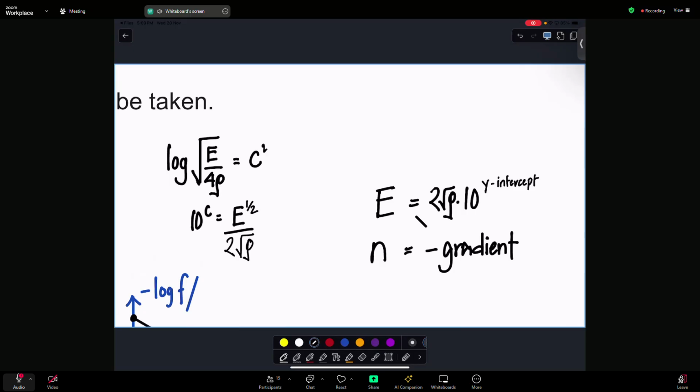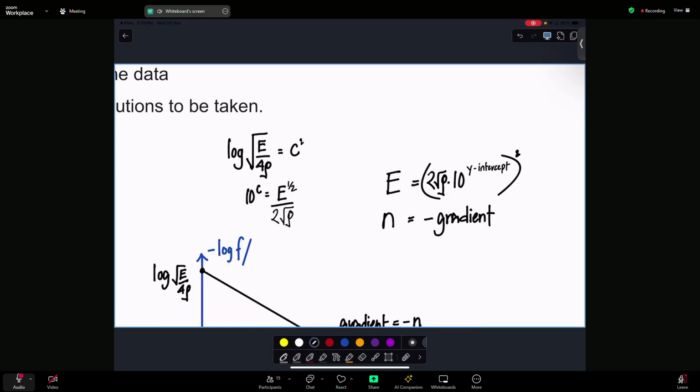Root the whole thing. Oh, sorry, square, yes, squared the whole thing. Interestingly, squaring the whole thing gives 4 rho back again.